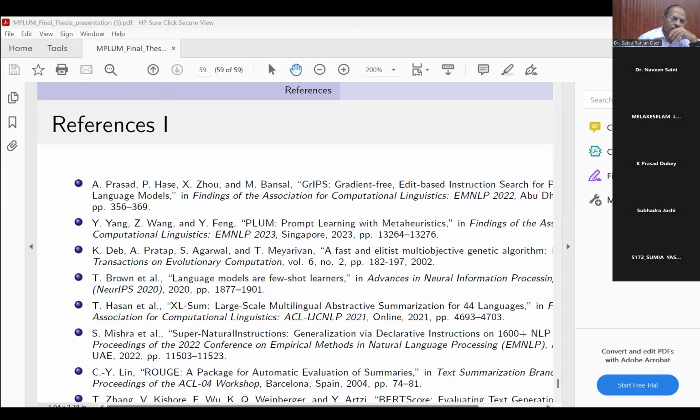Can we apply this to machine translation problems for improvement in low resource languages? If you are translating some language using some prompt, then obviously I will suggest it can be adapted, whether it is classification, clustering, or some other task. For any task you can adopt it. Currently we have adopted it for summarization, but I will share the code with you and you can slightly change and adapt this. Okay, thank you, sir.